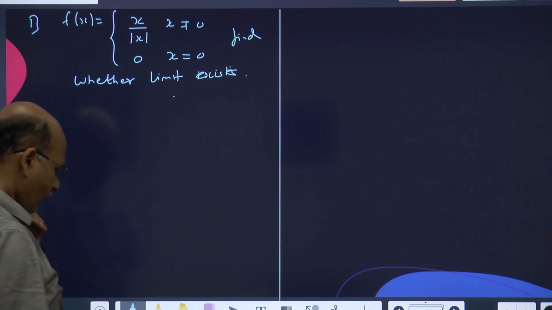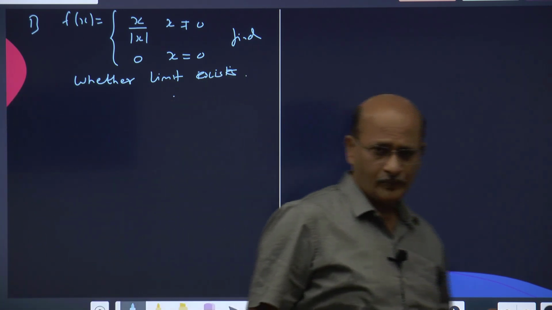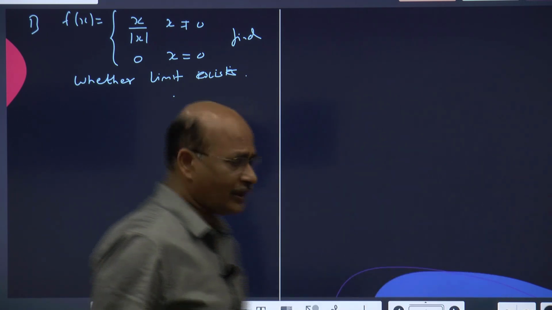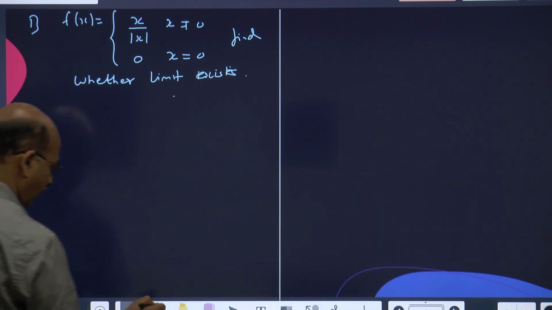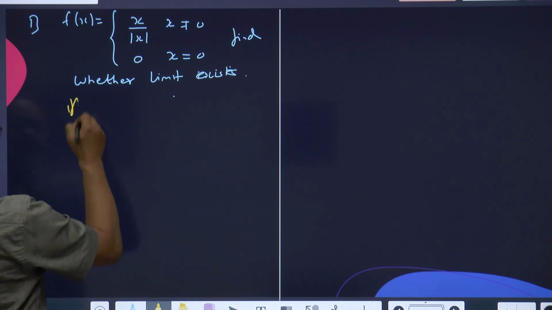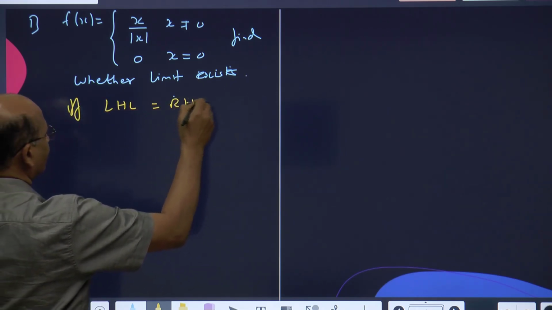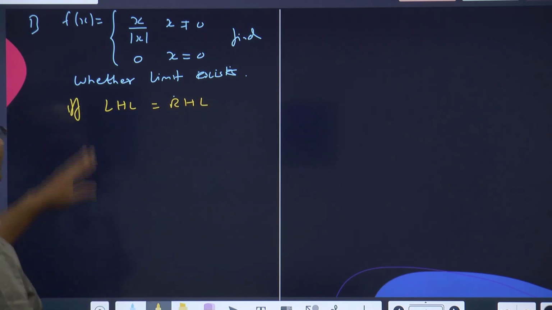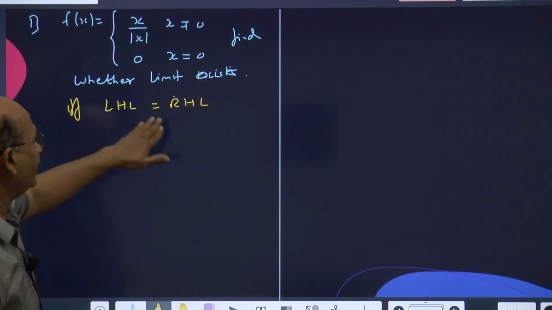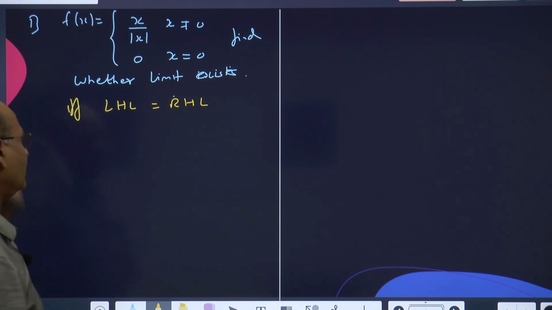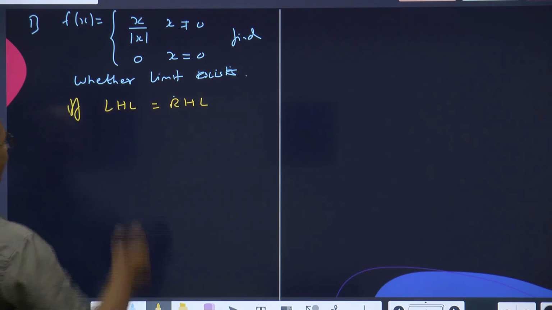Great. Now before we proceed, I want to share with you, when does limit of a function exist? Limit of a function exists if and only if left hand limit is equal to right hand limit. Remember this. Now what is left hand limit?